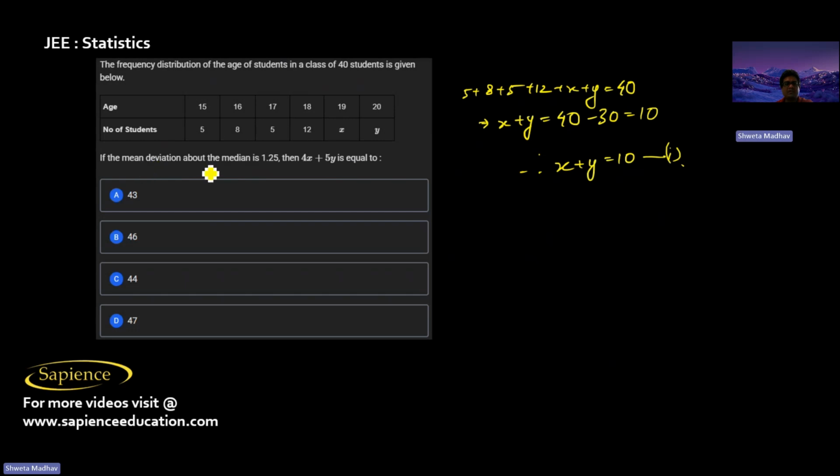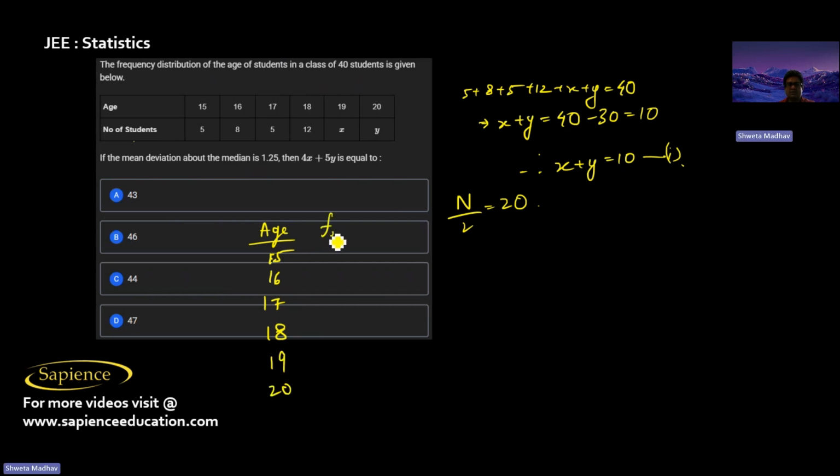If the mean deviation about the median is 1.25, there are 40 students, so n by 2 equals 20. So we have to take the cumulative frequency here. The ages are 15, 16, 17, 18, 19, 20.